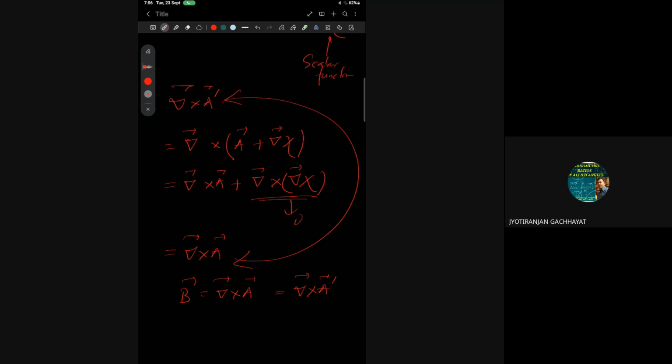A prime can always be written as A plus some gradient of a scalar function. If it were true only for A and not for A prime, then we could say it is a unique way to express it, but that is not the case. It is not unique.